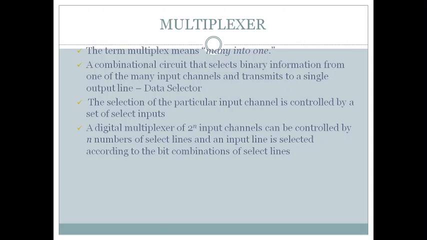So you are made available with a number of channels, and the circuit should select data from one of the channels to transmit over a single output line. And how can the selection be done?